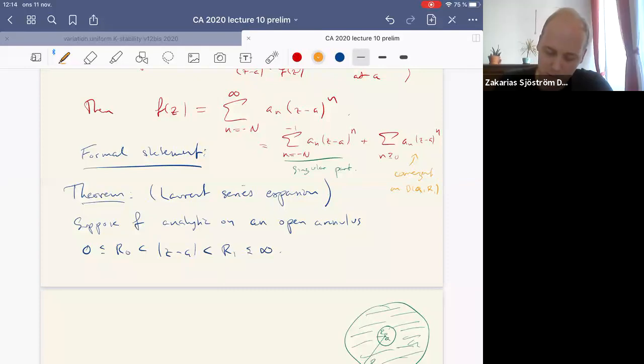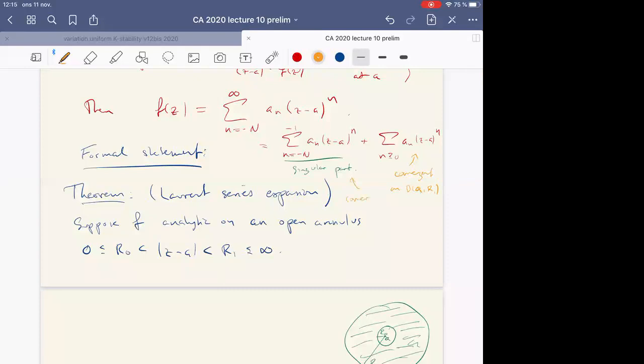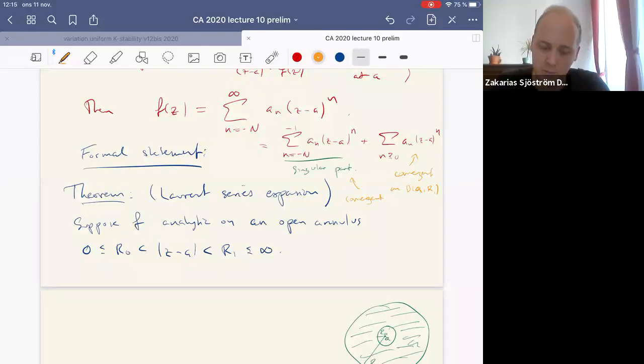This one has the least chances of being convergent when Z and A are very close together, because then we are looking at 1 over Z minus A, which is blowing up to infinity, and you will get to a singularity. So this one is convergent when the absolute value of Z minus A is larger than some R0.